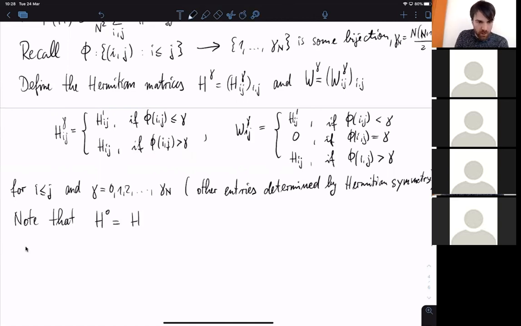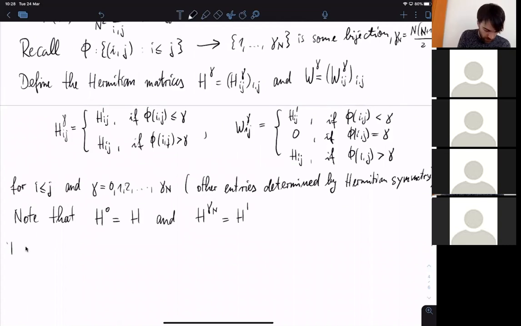And on the other hand, the H of gamma n is the H prime. So this really replaces one-by-one entries from H into entries of H prime, and then the W is somewhat an intermediate step which we will need to make everything work.